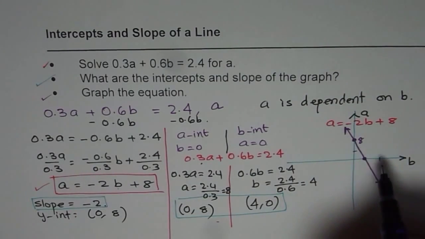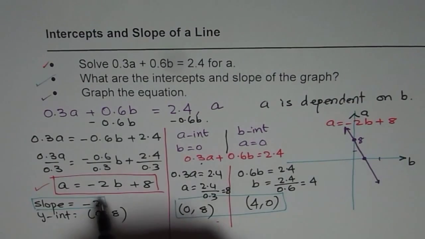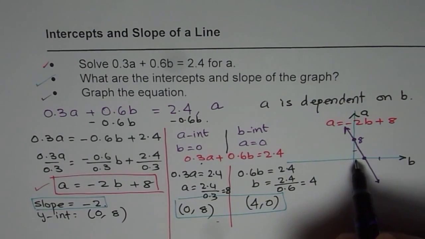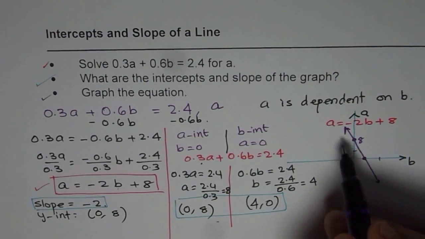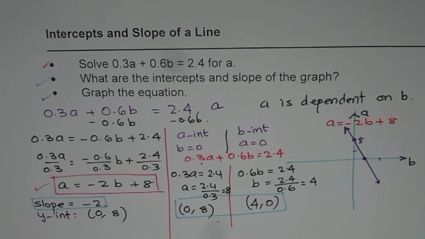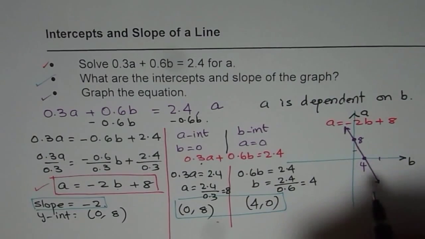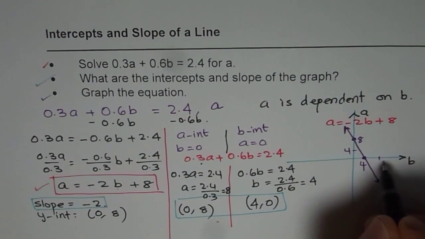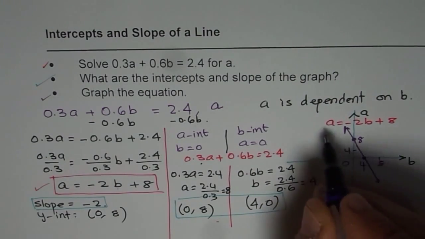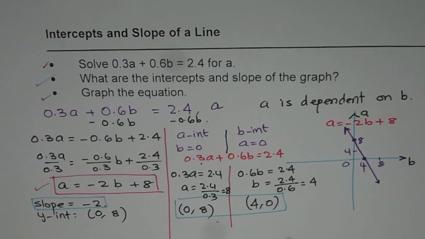Minus 2 means you can go down by 2 units, 1, 2, and 1 to the right, correct? It could be sets of 4, sets of 8, even 1, it works, right? And this is your b-intercept. That's the scale, right? So this is 4, this is 8. So that is how you can answer this question.